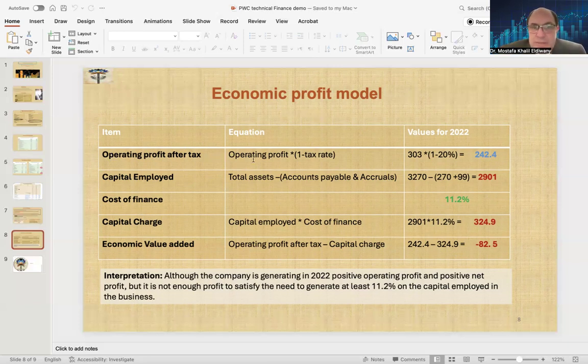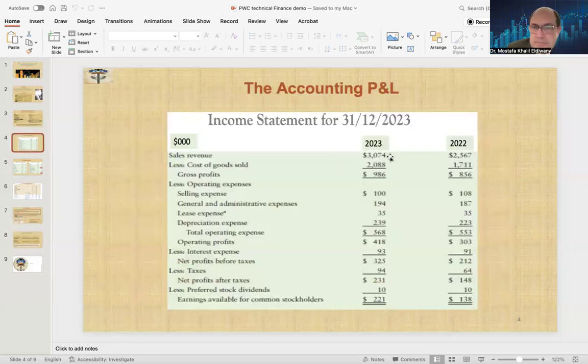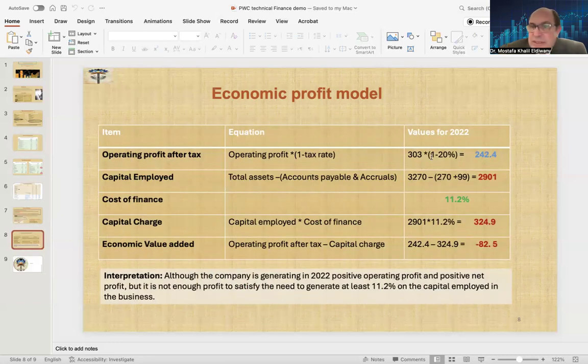Now, you have operating profit after tax, which is the operating profit, the EBIT, times 1 minus T. In our case, for 2002, for example, operating profit was 303. You multiply it by 1 minus 20%, the tax rate in our case. So this is what we call the NOPAT, the net operating profit after tax.